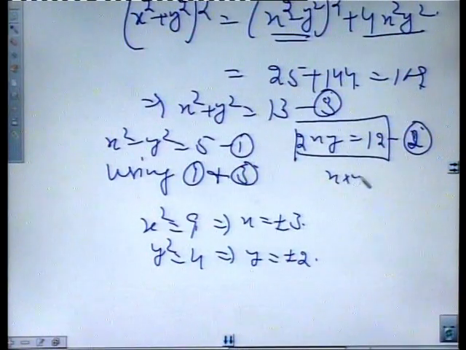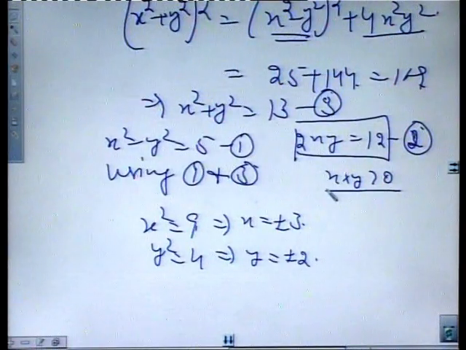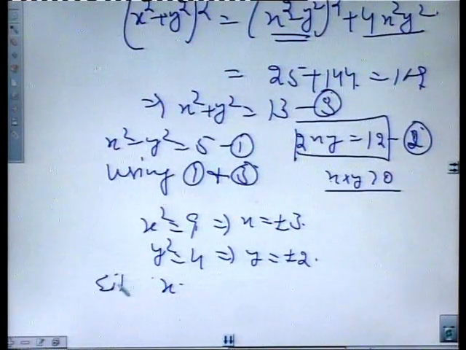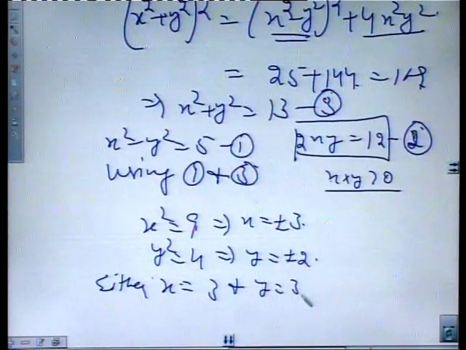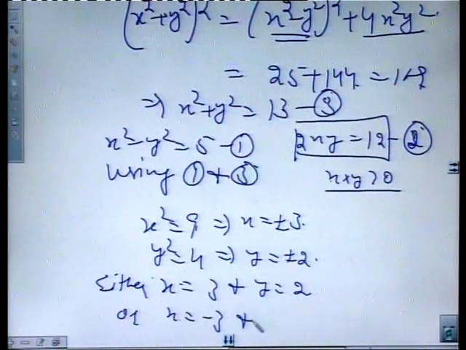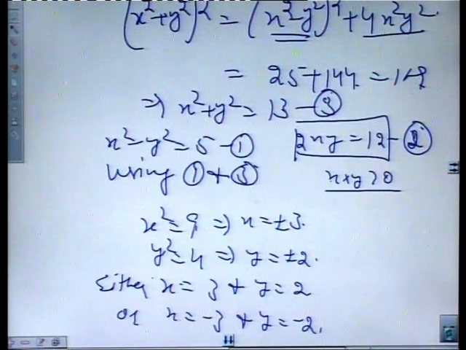It means xy is greater than 0, so x and y should have the same sign. So the values of x and y will be either x equal to 3 and y equal to 2, or x equal to minus 3 and y equal to minus 2, because the product xy is positive, so the signs of x and y should be the same.